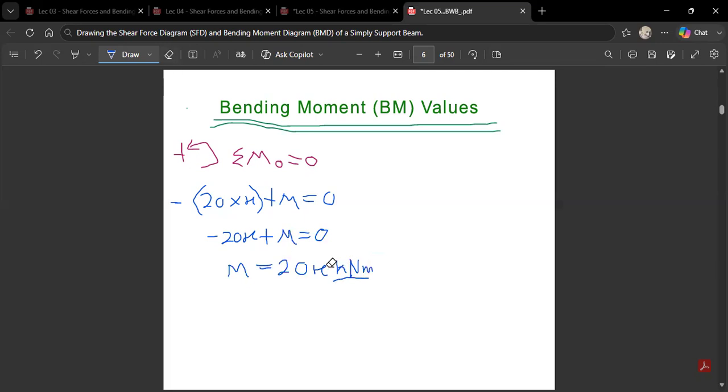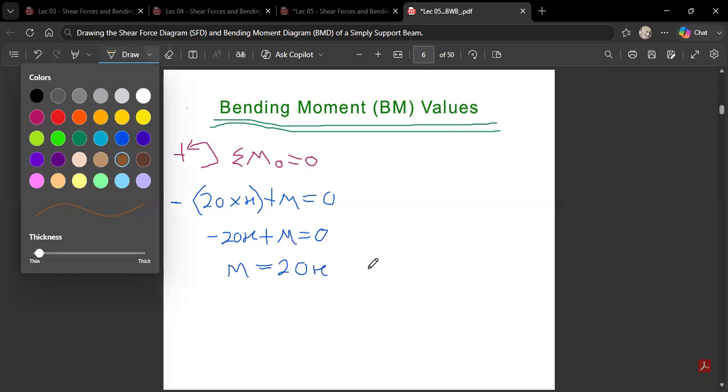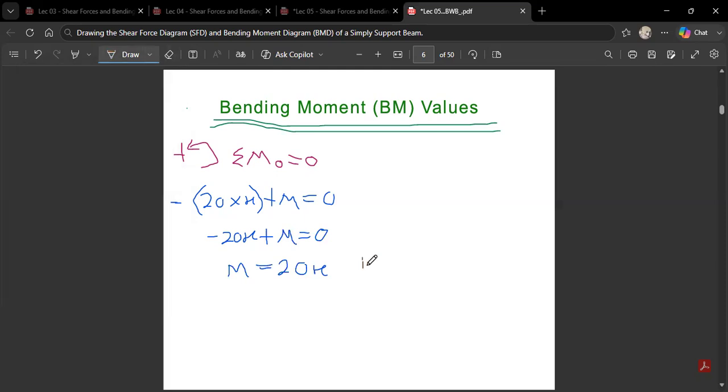Because of what you are seeing, this is going to be a linear variation. We say linear variation.